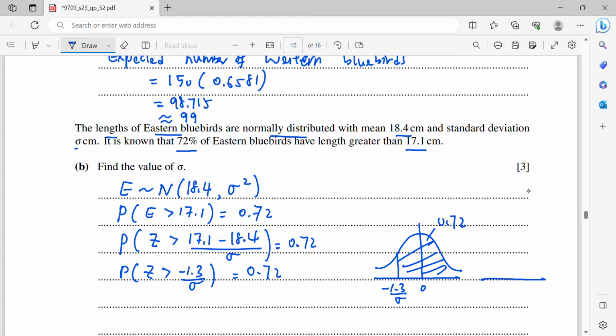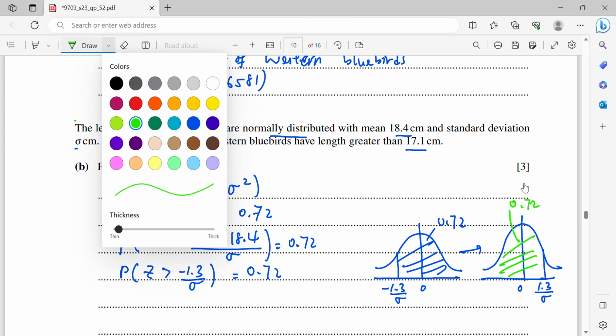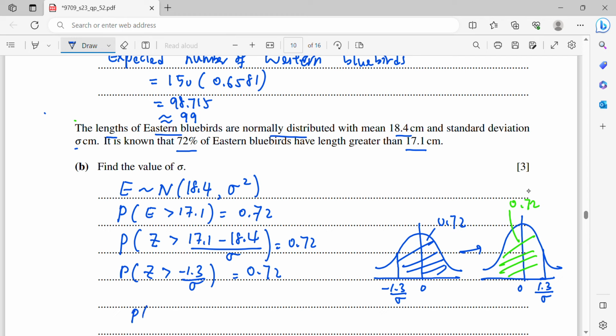Therefore, I have to flip. So when I flip, it will be positive. So now I have to ignore the negative sign and just write 1.3, and then the region on the left-hand side will be 0.72. Okay, so from here, I will write P(Z < 1.3/sigma) = 0.72.